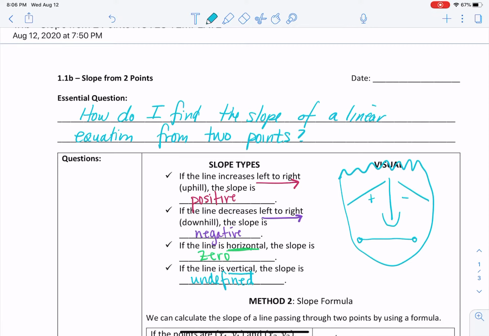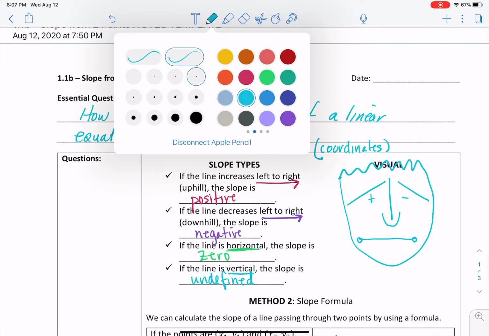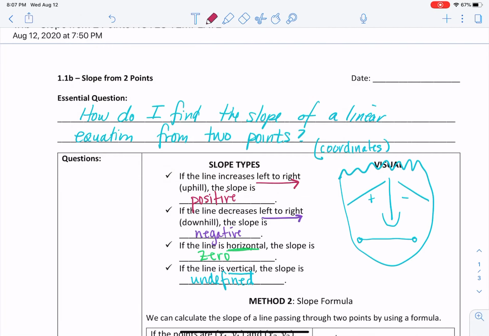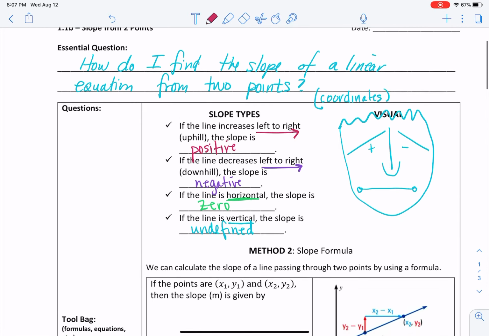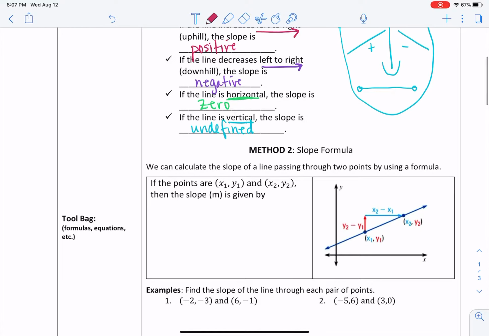So when we talk about 2 points, that means that we're given 2 coordinates. It's not just points on a graph this time, it is coordinates that we have to look at. We calculate the slope of a line passing through 2 points by using a formula.